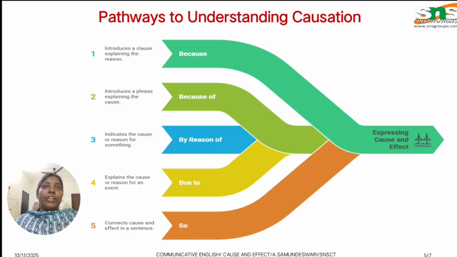So here we are talking about the effect first, whereas the reason comes second. Suppose you want to say the sentence in a different way: he eats too much of sweets, therefore he became obese. Like that you can interchange the sentence according to the need of the expressions.